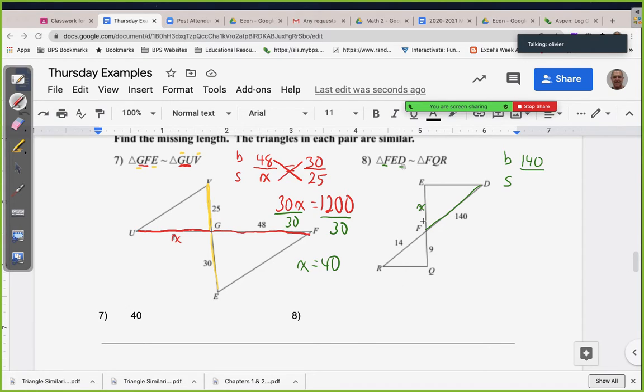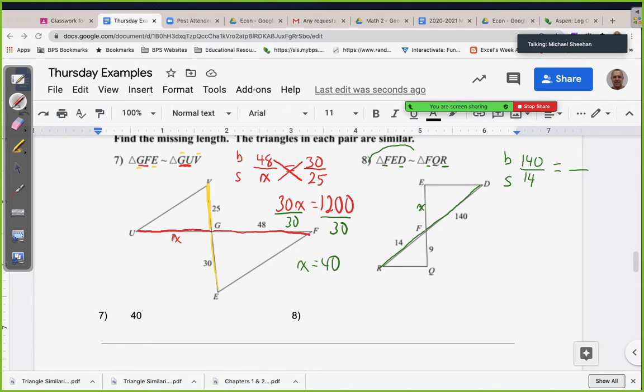14. Good, because again, I have to match it up. The first letter and the third letter, that's F to R. So F to R corresponds to the 140. Now I'm going to write it equals.